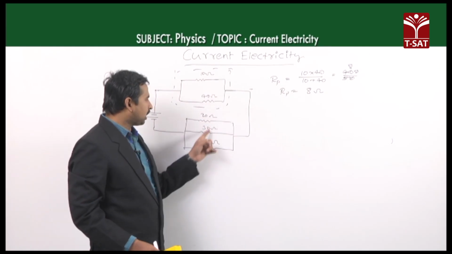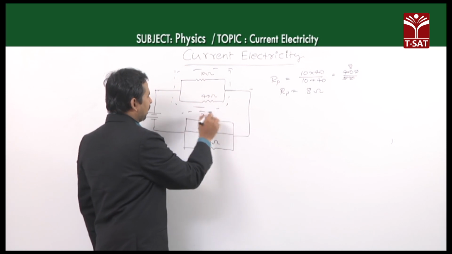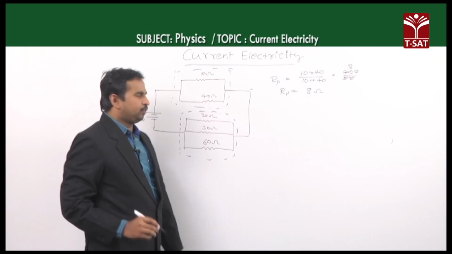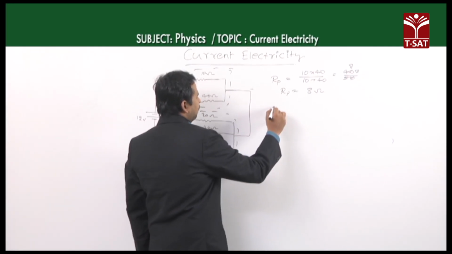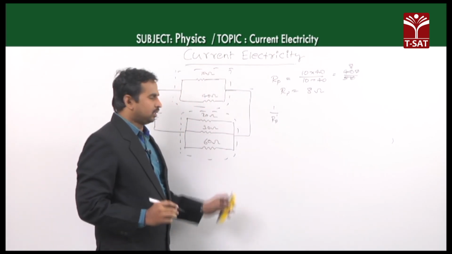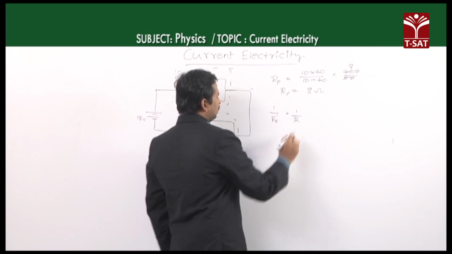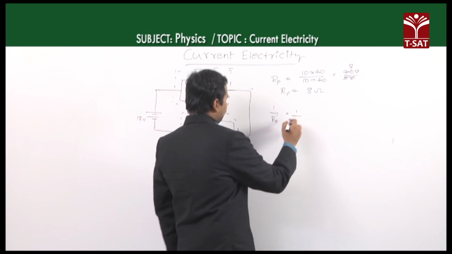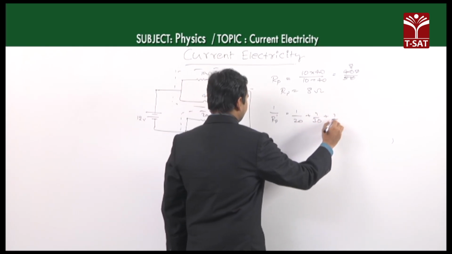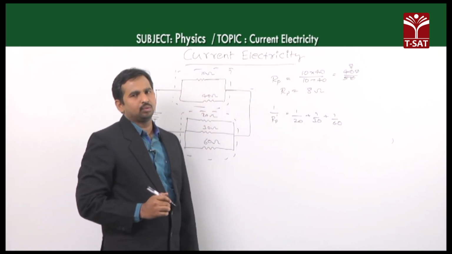And in the next case we have 3 resistors connected, and these 3 are also in parallel. For this case separately, this is the second case circuit, let 1 by Rp dash be, as again they are in parallel. Now as we have 3 resistors, 1 by 20 plus 1 by 30 plus 1 by 60.